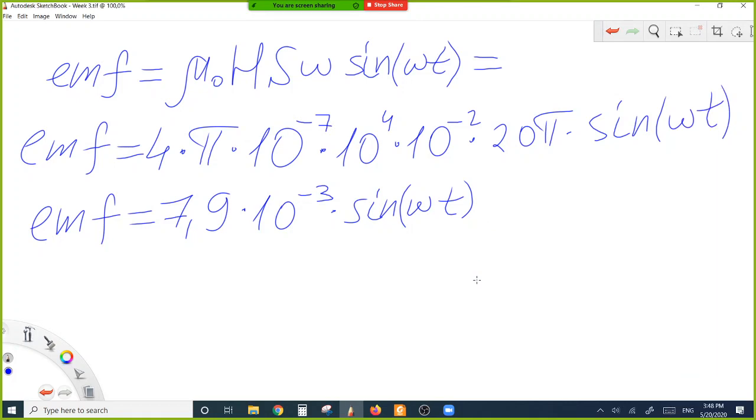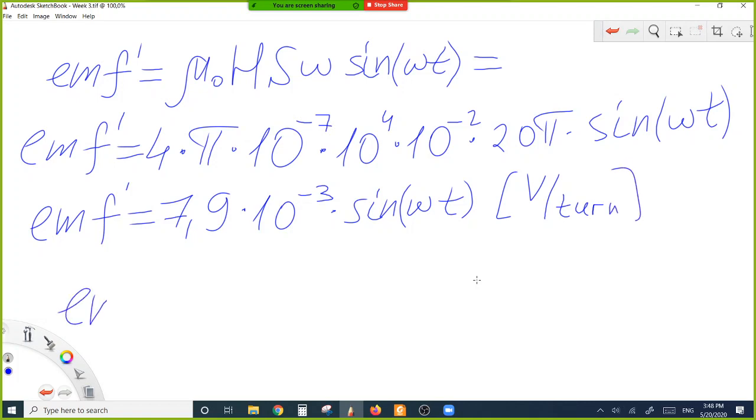So EMF prime is 7.9 multiplied by 10 to the minus 3 sine omega t volts per one turn of our coil.